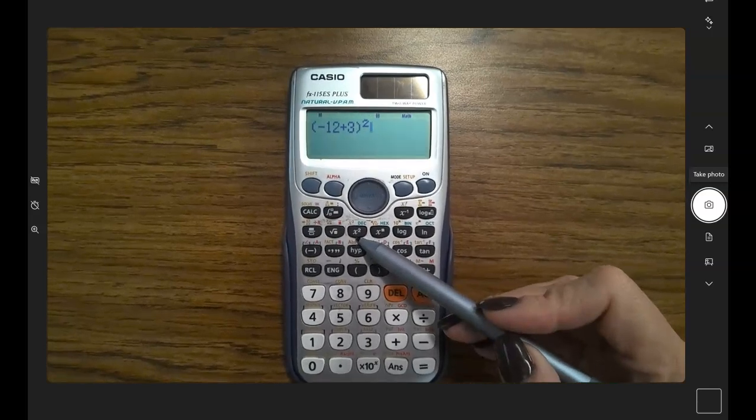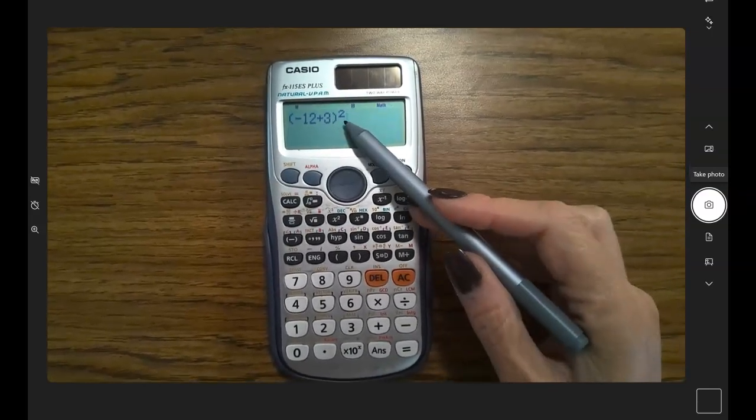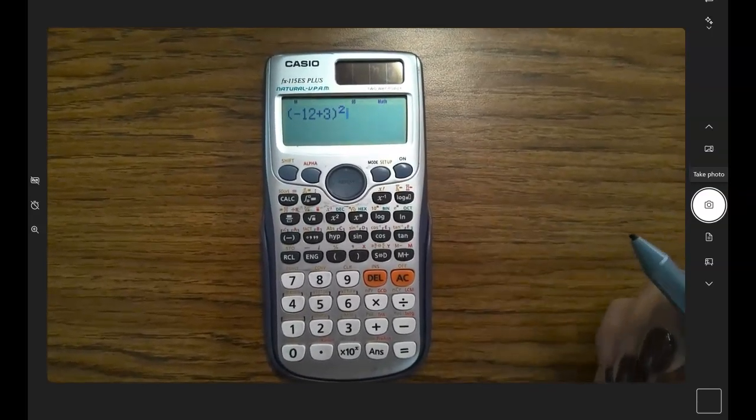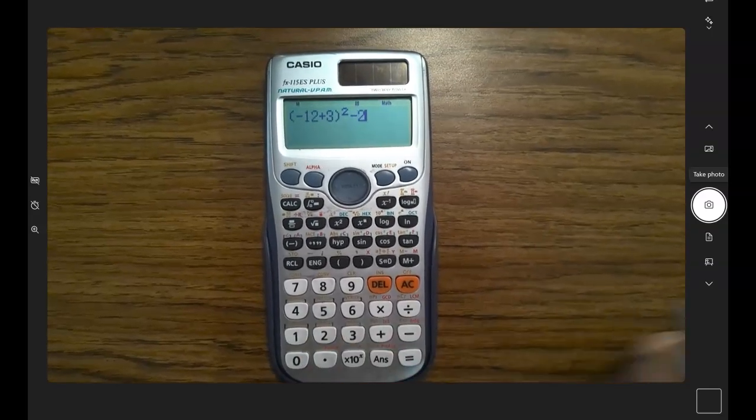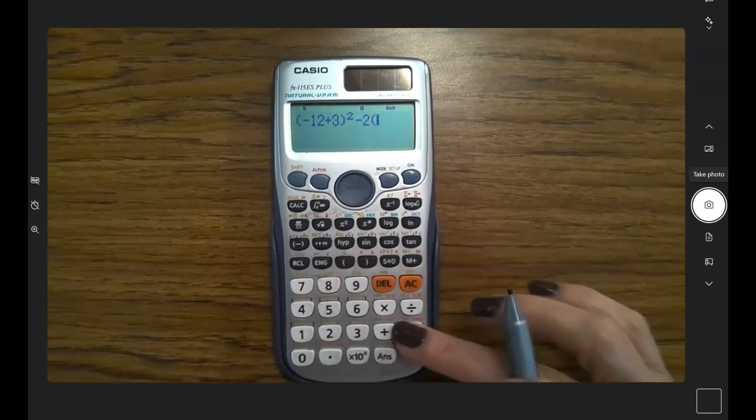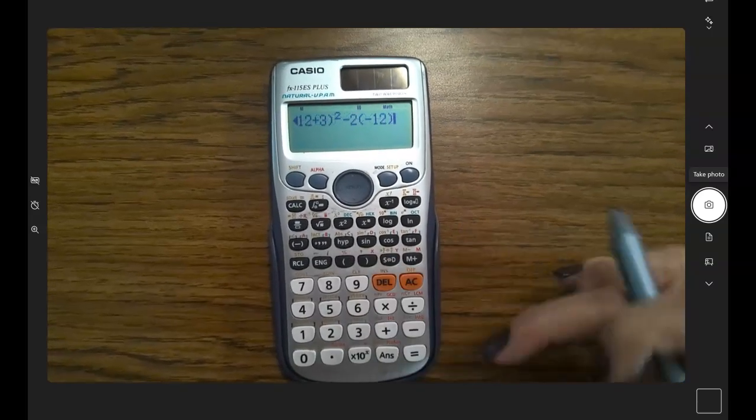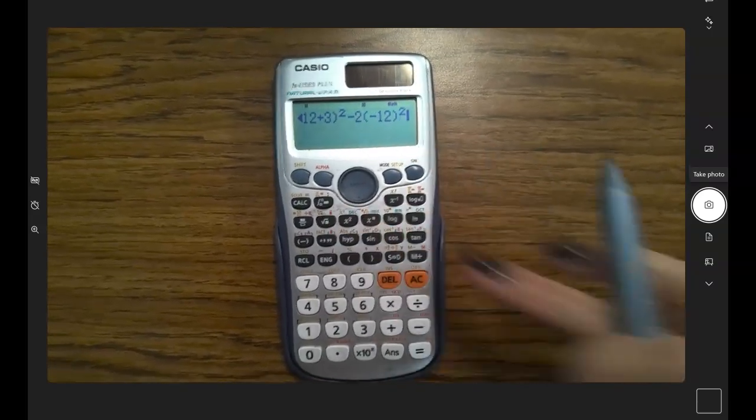There's an x squared key that I can hit, and it'll give me a second power. Minus 2, parenthesis, negative 12, parenthesis, and again squared.